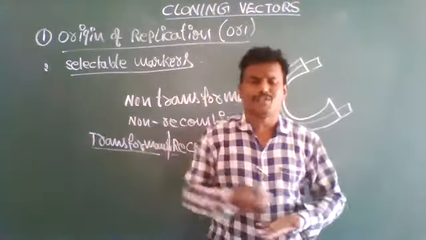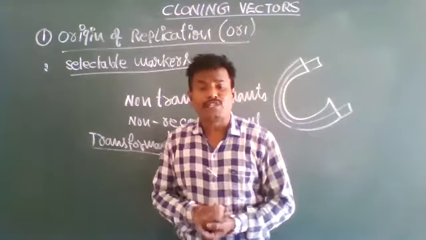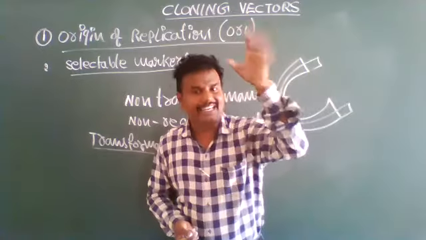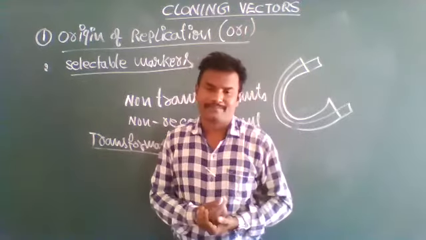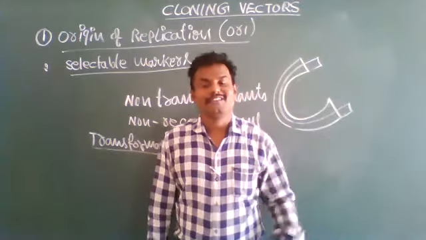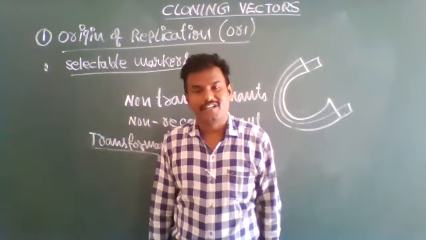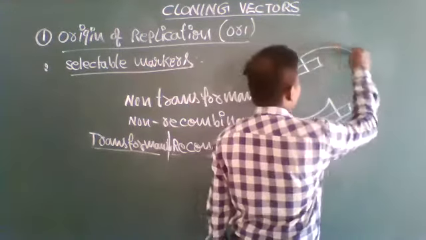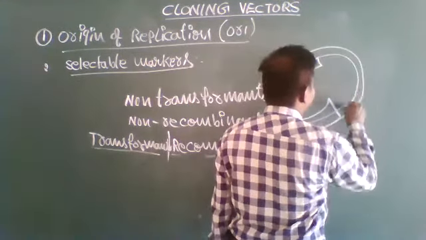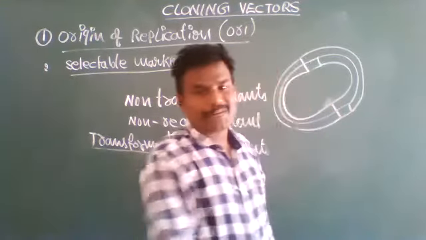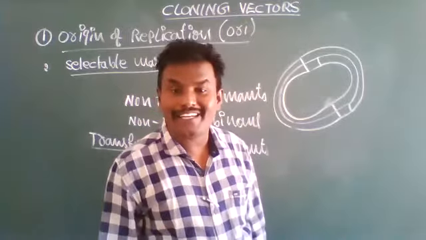What is transformation? Transformation is a procedure through which a foreign DNA, alien piece of DNA, desired DNA or gene of our interest can be integrated with a plasmid vector. After integration, they are combined, so autonomously replicating circular recombinant DNA is formed.